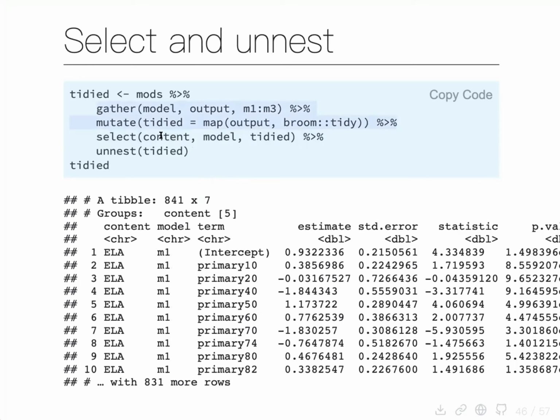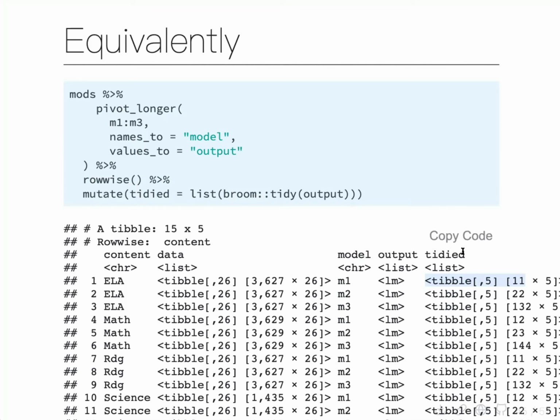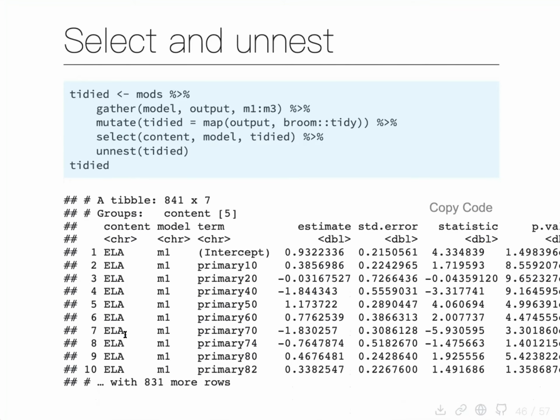Okay, so coming back here, we have this list column, right? And this is a data frame for each content area. Now I'm going to say select just this content column, this model column, and this tidied list column, and then unnest tidied.